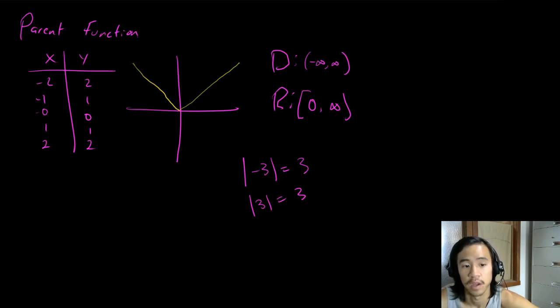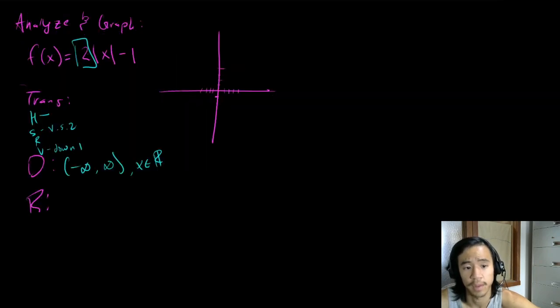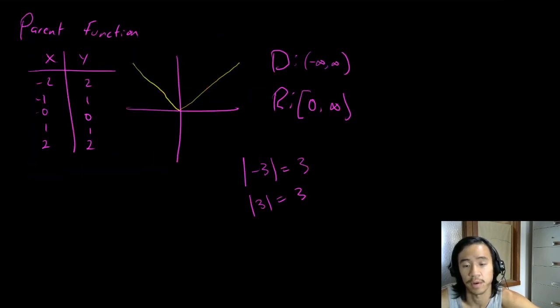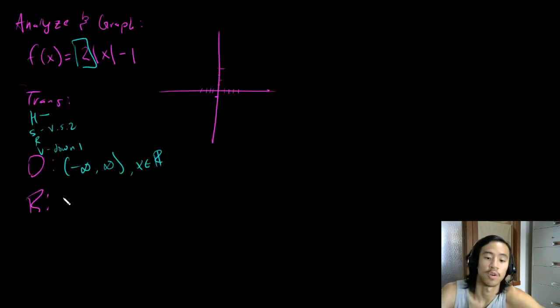If this graph went down 1, your range would also shift down 1 as well. So our range is actually going to be, instead of from 0, from -1 to infinity.